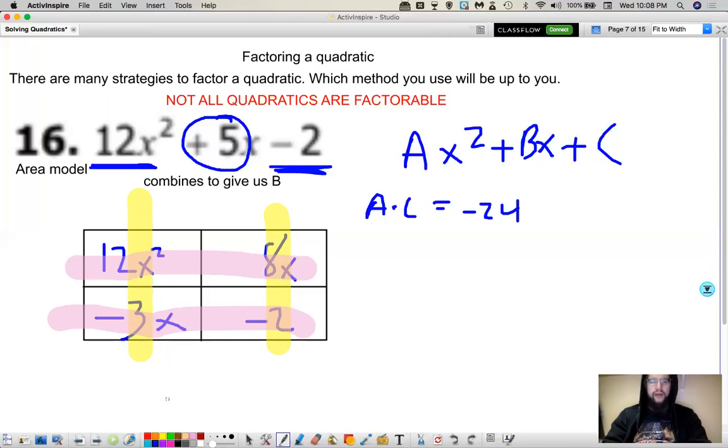I'm going to do it in red. So I'm going to look at this yellow one going up and down here: 12x squared and -3x. Well, they both have a 3 in them and an x. It's 12 and 3, they both have 3.